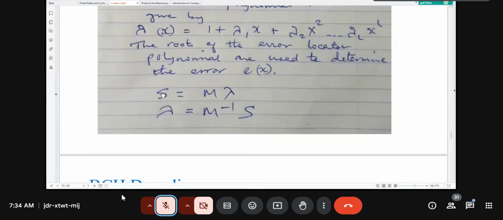So this S, which is a syndrome vector, is equal to this M multiplied by lambda, and this lambda is what we are calling the locator polynomial. These are the coefficients of the locator polynomial.